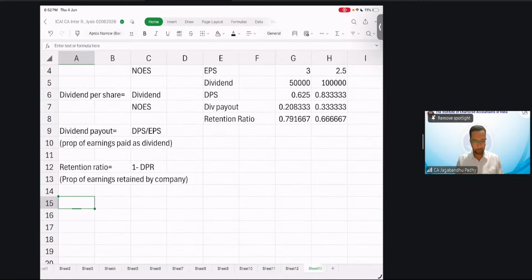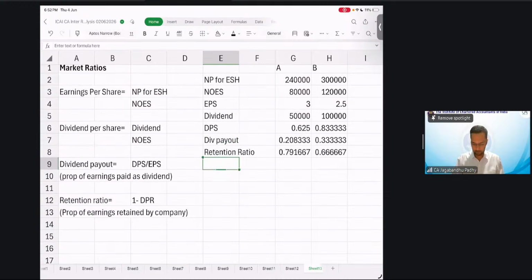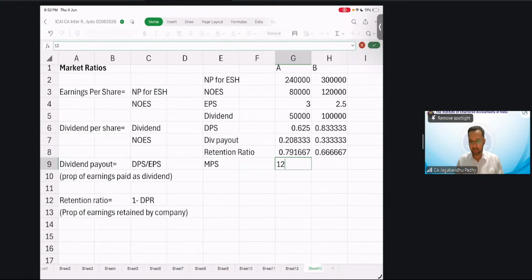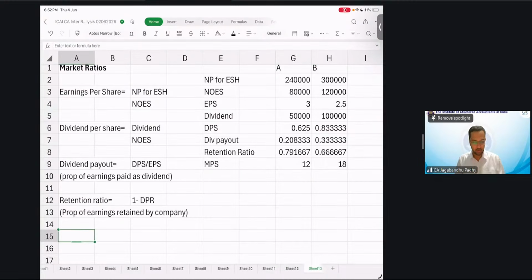Then let us say market price per share. Market price for this company is 12 and for this company is, let's say, 18. So if I ask you, what is the dividend yield?